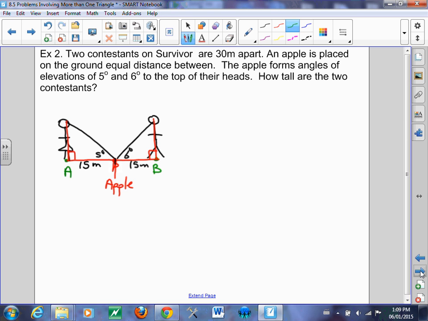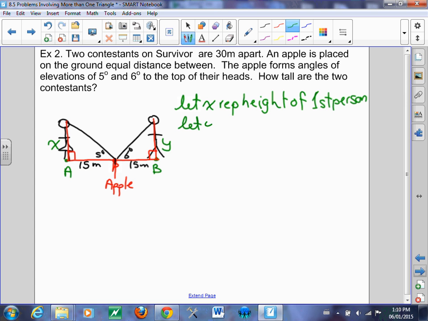Well, let's label them differently. So let's go X and Y. We're going to say, let X represent height of first person, and we'll let y represent height of second person.